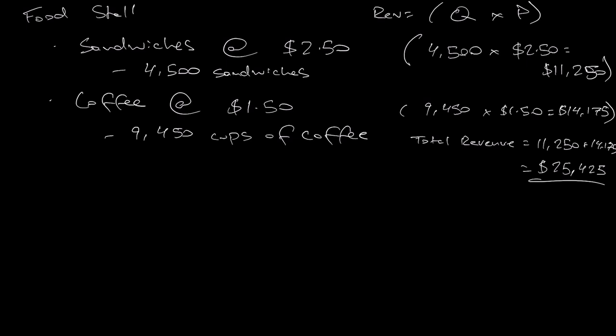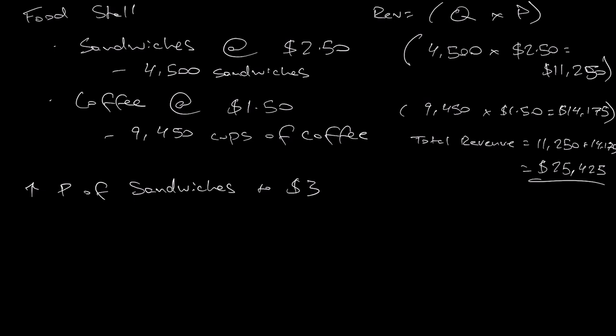They feel like their sandwiches have a really strong competitive advantage over some of the other food stalls in the area. So they'd like to increase the price of sandwiches to $3 per sandwich.